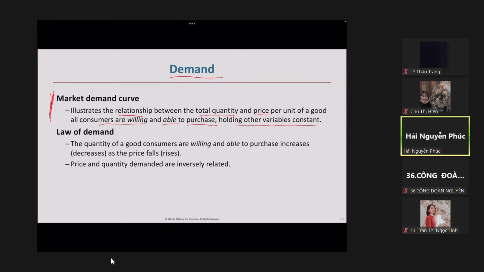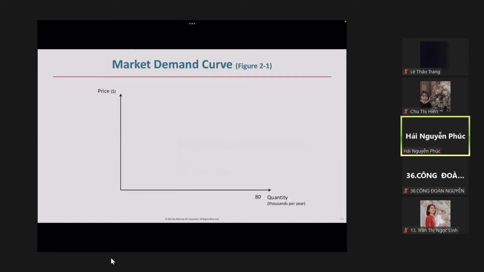And the law of demand is pretty simple. If the price goes up, the quantity demanded will go down. So we say the price and the quantity demanded are inversely related. And that's why the demand curve is downward sloping. We have a negative slope of the demand curve, right? So it looks like this.